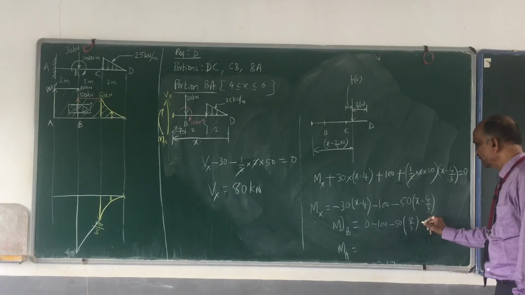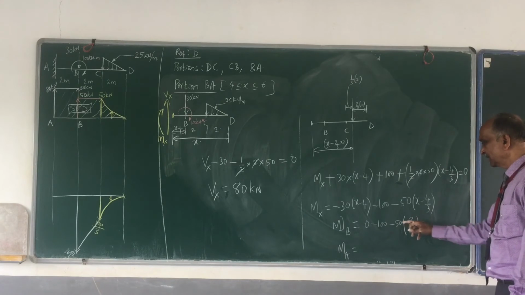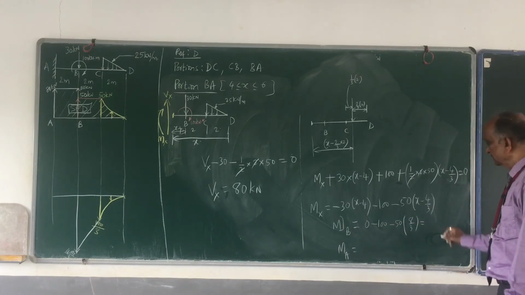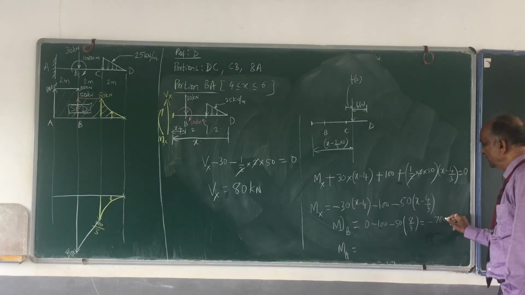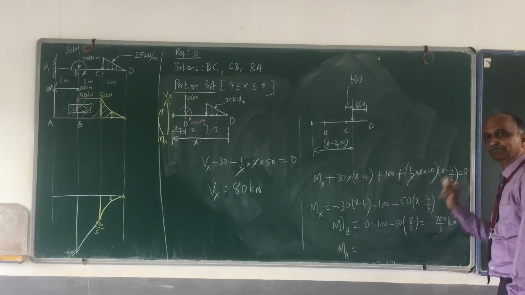So this is 400 by 3, and this one 300 by 3. This is minus 700 by 3 kilonewton meter.